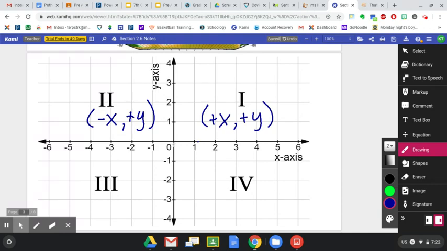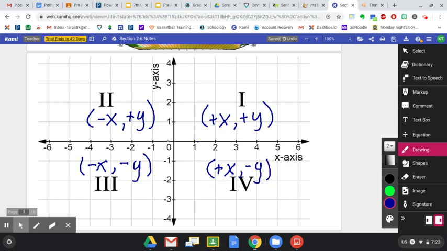To get into quadrant 3, I would have to go left and down, so negative x and negative y. And for quadrant 4, I have to go right and down, so positive x, negative y.